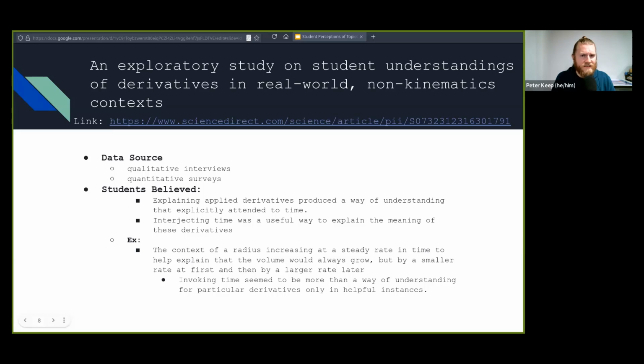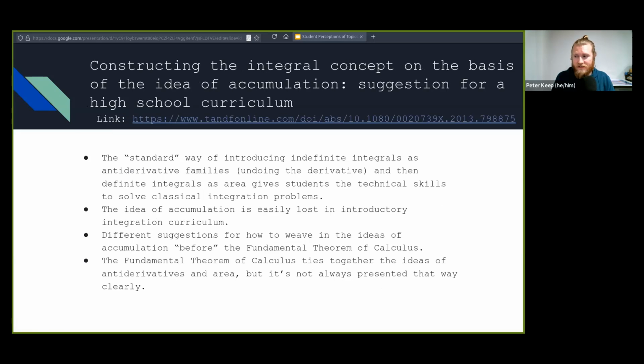And then our last one that we're at least going to share with you is constructing the integral concept on the basis of the idea of accumulation. Like in the title, it says this is a suggestion for a high school curriculum. This is a paper from 2013 where the authors are in Israel. They were looking at a standard high school calculus curriculum there, which from what I could see really matches pretty clearly with what students might see in a first AP Calc course or in a first semester college course.